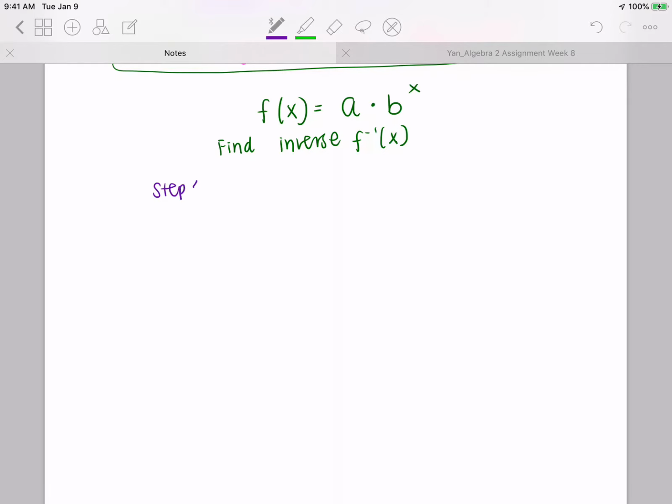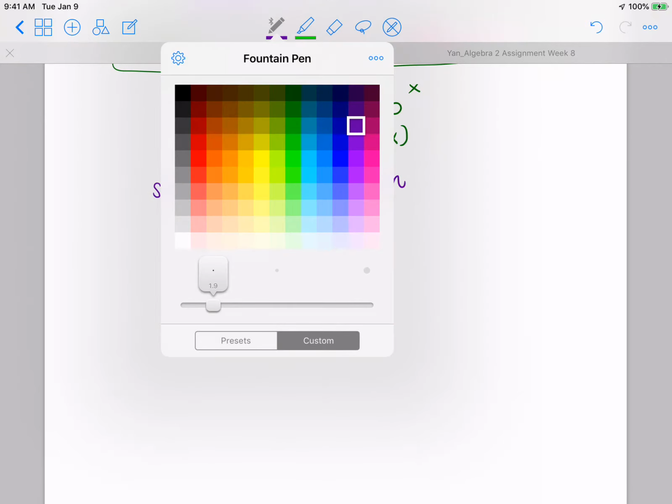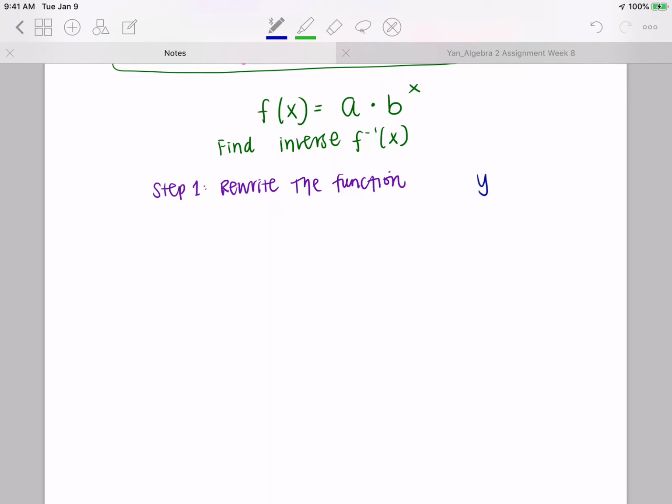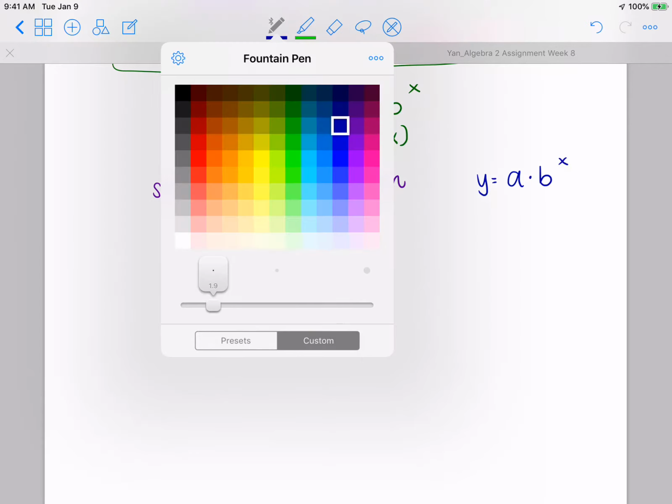So step 1, we first have to rewrite the function, which is y equals a times b to the x. I always like to start by writing y instead of f of x, so it's easier for me to do the swap.